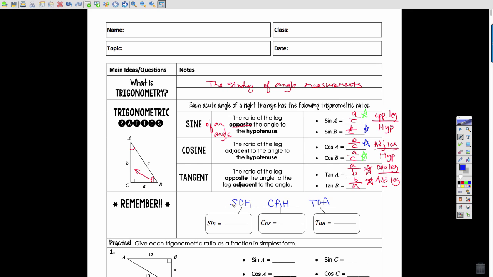Sine of an angle, the S stands for sine, is opposite leg over hypotenuse. Cosine of an angle, the C stands for cosine, is adjacent leg over hypotenuse. Toa, meaning T is tangent. Tangent is opposite leg over adjacent leg. If you don't know what adjacent means, it means next to, meaning the leg next to the angle.